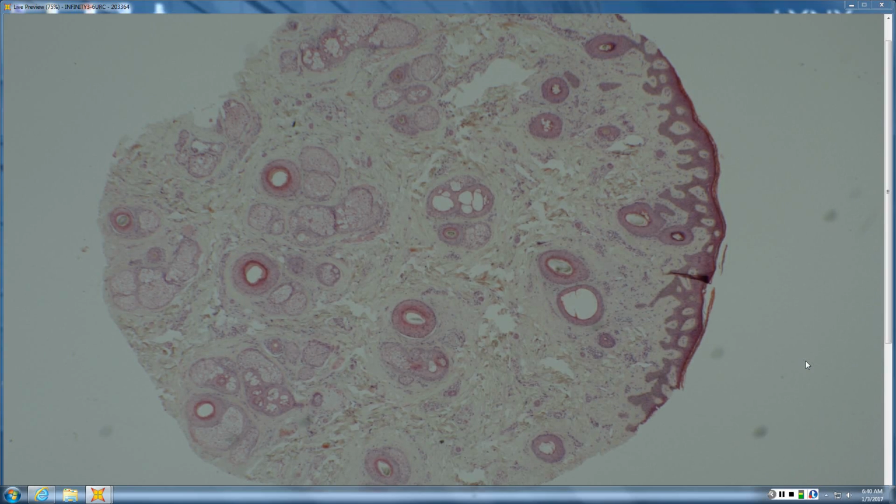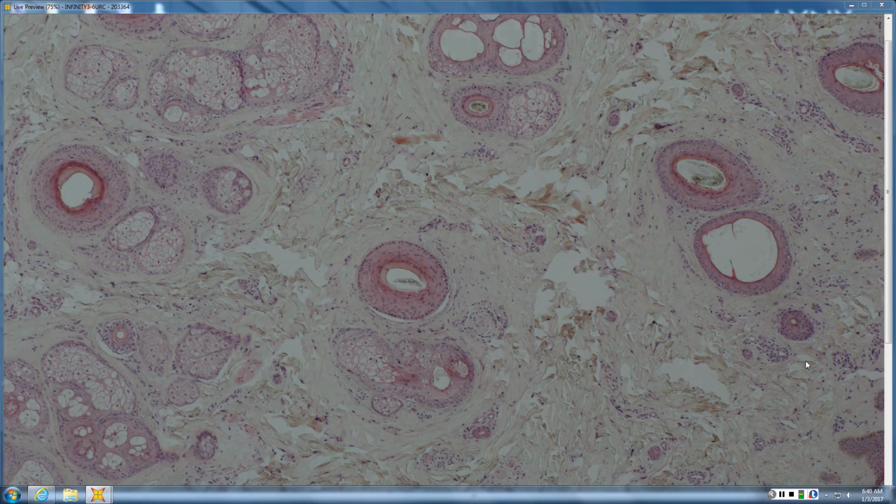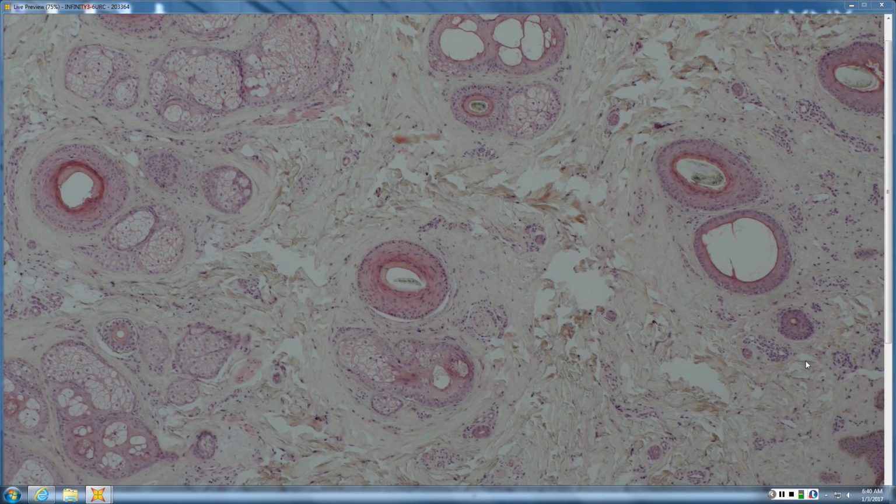When you get in a little bit closer, you can see there are still quite a few hairs in here, but they're all miniaturized, they're all small. By definition, a terminal hair, which you don't really need to know, is greater than 0.06 millimeters, and vellus hair is less than 0.03 millimeters. Then there are indeterminate hairs in between those.